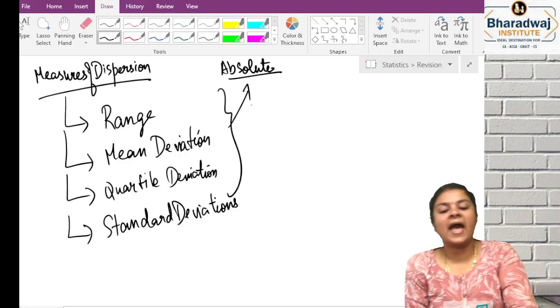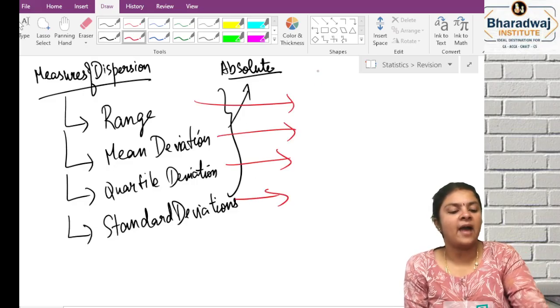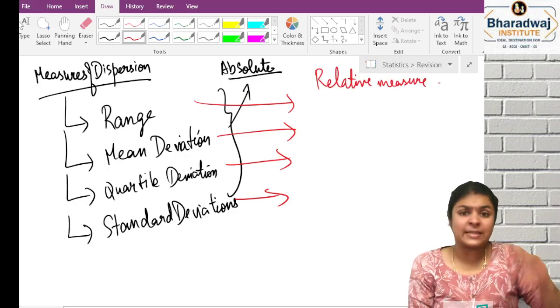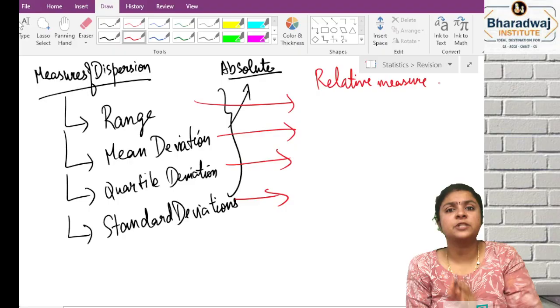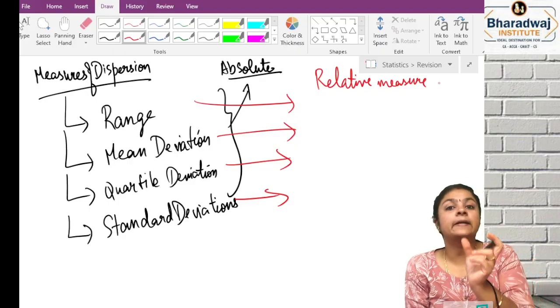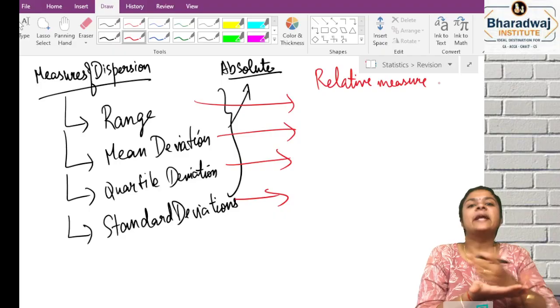For every absolute measure, we also have a relative measure. It is not a separate measure. Every measure of dispersion will have a corresponding relative measure, which is represented by the term coefficient. Coefficient refers to the extent of relativity.